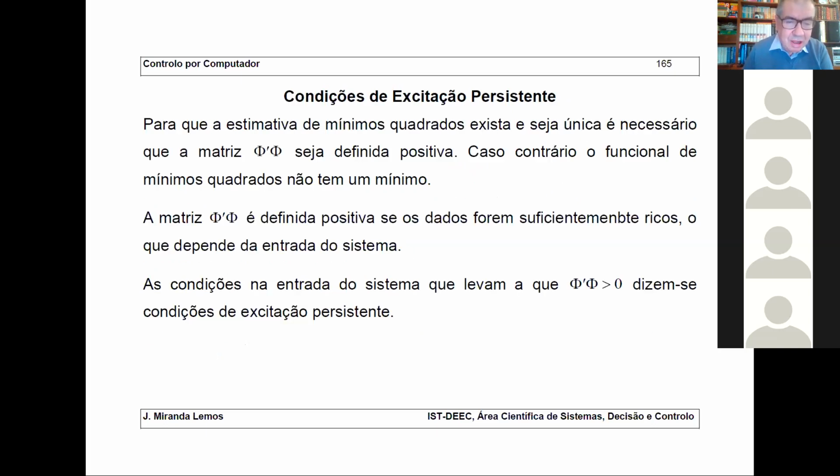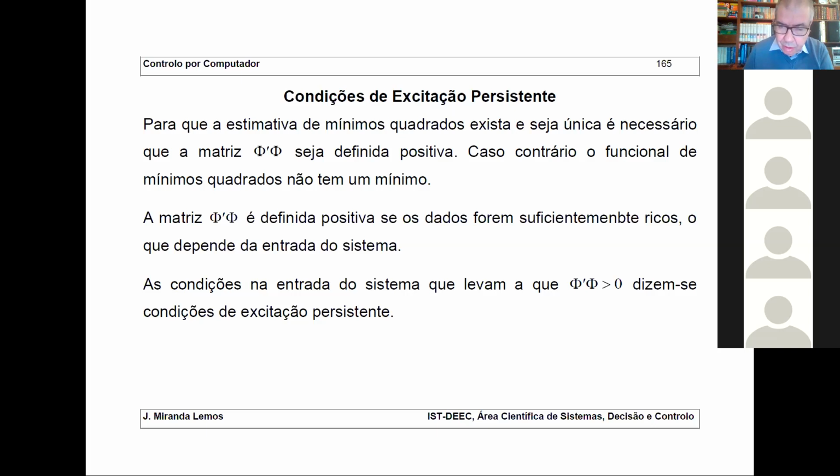In general these are the so-called persistent excitation conditions. You could write a book just on persistence of excitation conditions. There are results that say, for instance, that with least squares in linear systems, you can estimate a number of parameters equal to the number of points in the frequency domain where the spectrum of u is not 0.